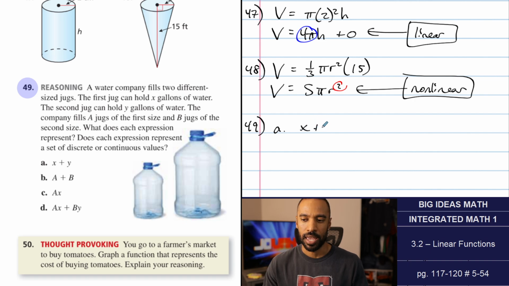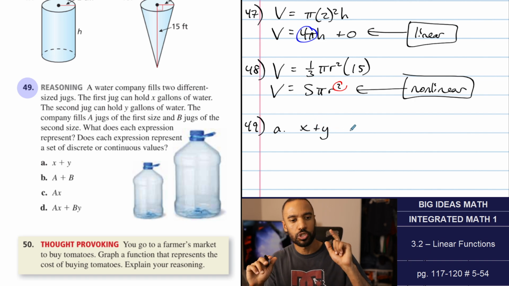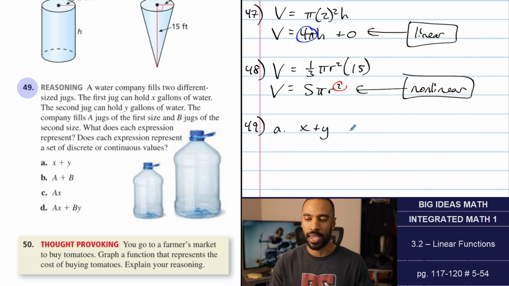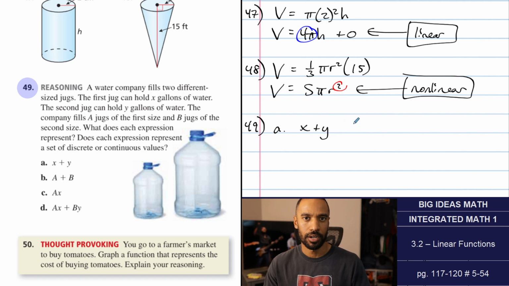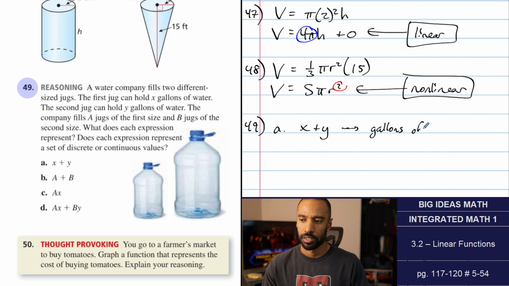All right, X plus Y. First jug can hold X gallons, second jug can hold Y gallons. This is how much water one jug of each type can hold. So X plus Y represents gallons of water held by one of each jug.